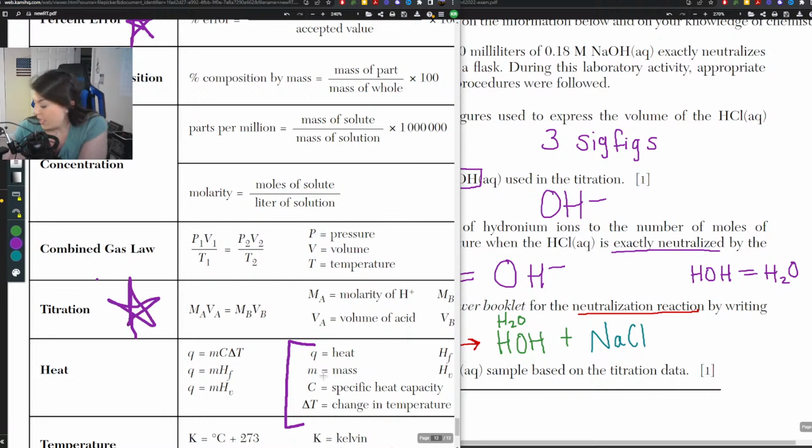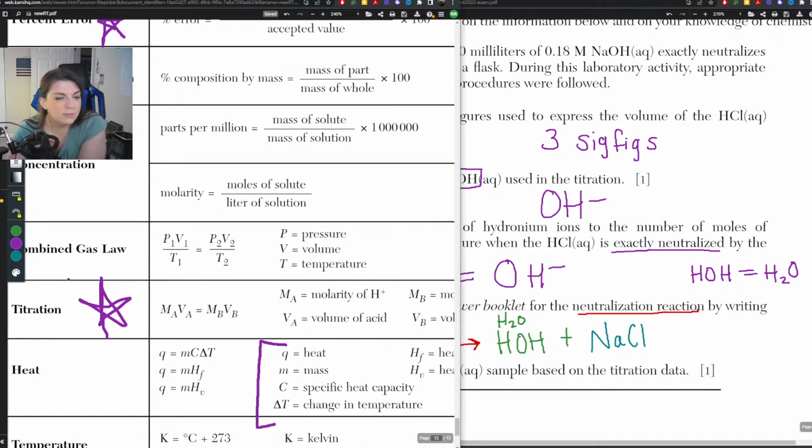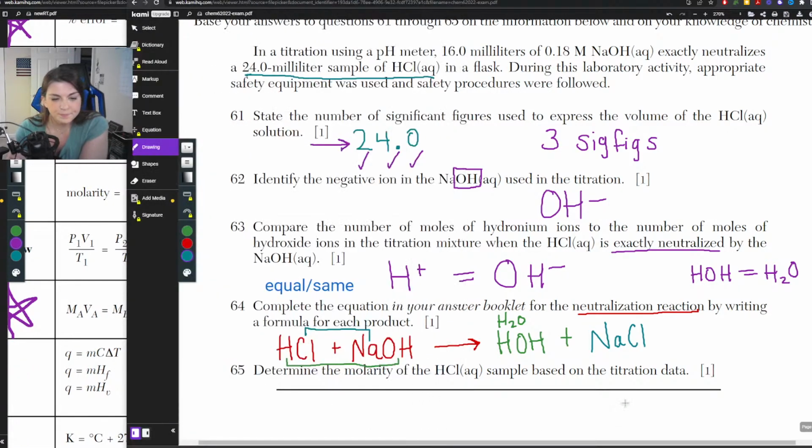We have the molarity of the acid times the volume of the acid is equal to the molarity of the base times the volume of the base. So we're going to use our data here. There's our base data. The molarity of the acid is what we're looking for.